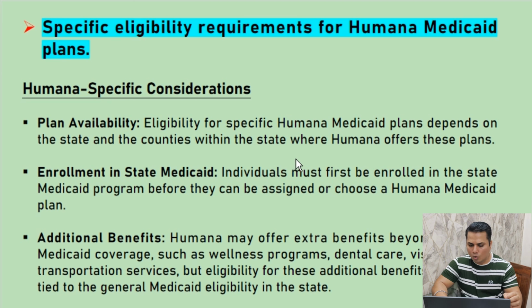Additional benefits: Humana may offer extra benefits beyond standard Medicaid coverage, such as wellness programs, dental care, vision care, or transportation services. But eligibility for these additional benefits is typically tied to the general Medicaid eligibility in the state.